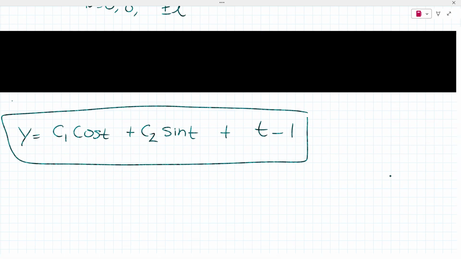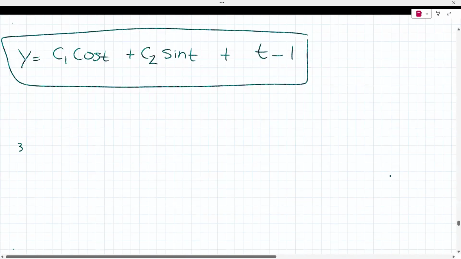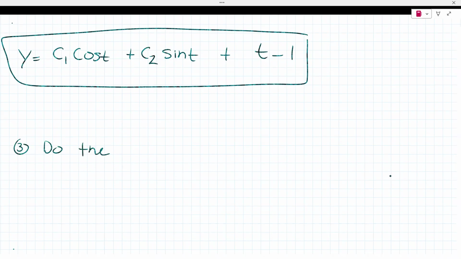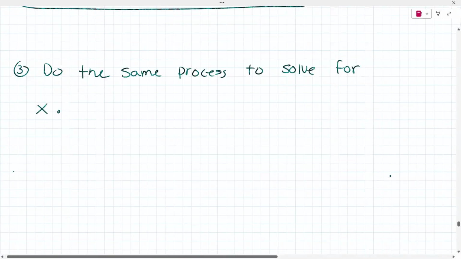Now we've got to do the same process to solve for x because we're not quite done. So step 3, do the same process to solve for x. What was our system of equations?